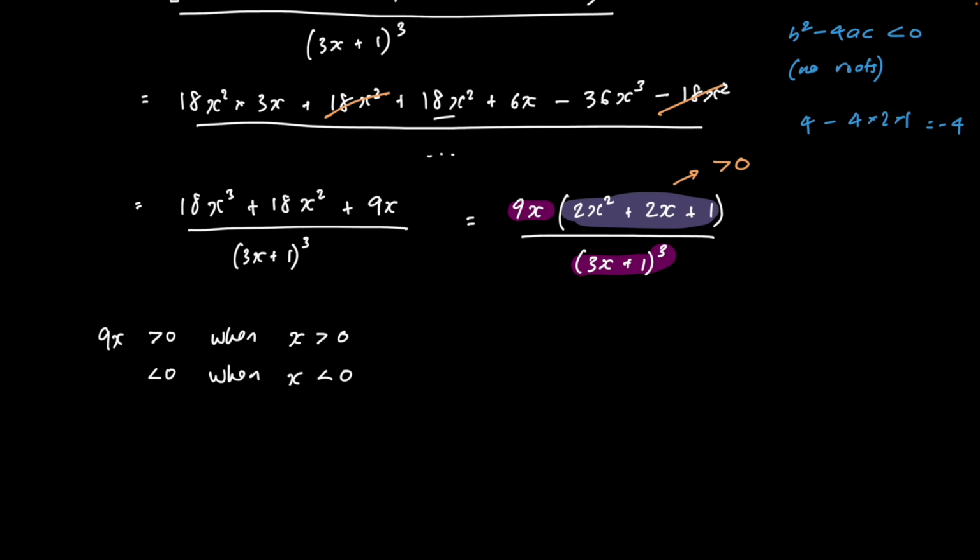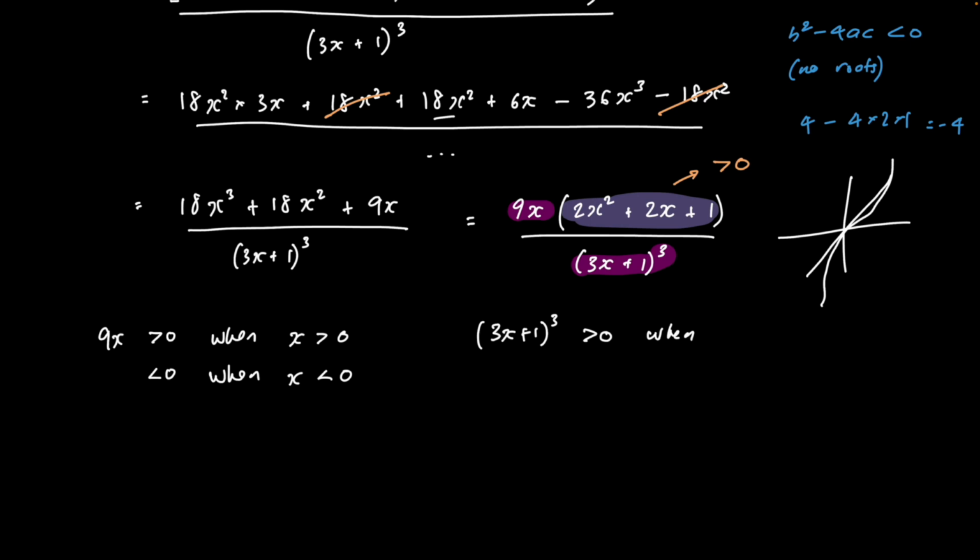And then on the bottom, basically, a cube in terms of sign behaves the same way as the thing itself. Because remember, if we've got a graph of y equals x, looks like that, x cubed just looks kind of like that. So the signs are the same.